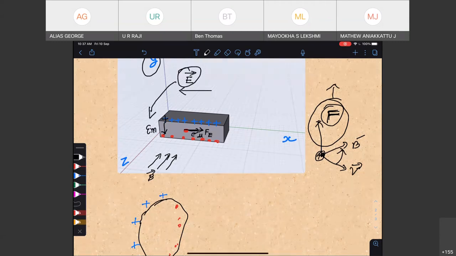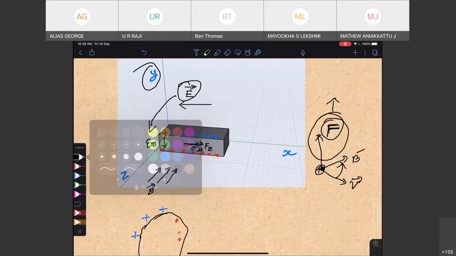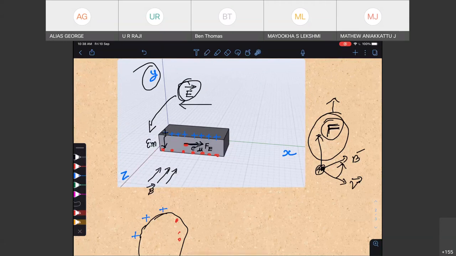Let me repeat one more time. We studied a single electron case, and due to the electric field we applied by connecting the battery, the electron will acquire some velocity. Magnetic field can only affect charged particles that have velocity.